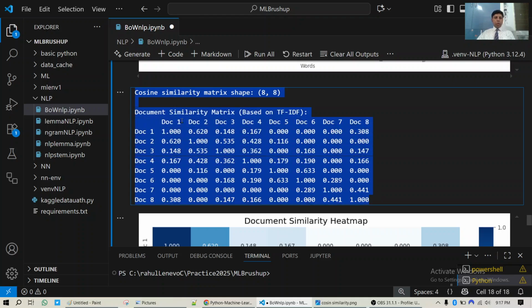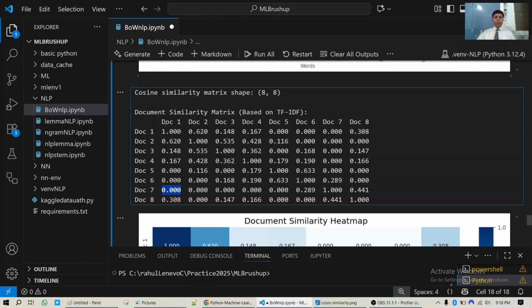We have 8 documents, and in these documents you will see this is the same matrix. For doc 1 we see 1 for doc 1, and so on. The value 1 indicates positive correlation, it means they are perfectly similar. If the value is 0, it means they are not similar.